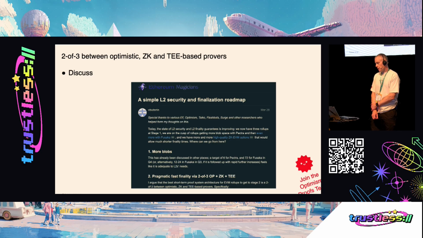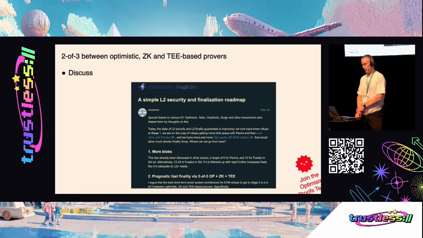I think the idea is that because it's 2 of 3, if you have 2 fast options that agree, then you don't need to wait for the optimistic dispute game, and it could just go ahead. However, if there's a disagreement, then you still have 2 trustless options that can also potentially agree, even though it takes longer. Okay, so it's helpful for getting to stage 2.